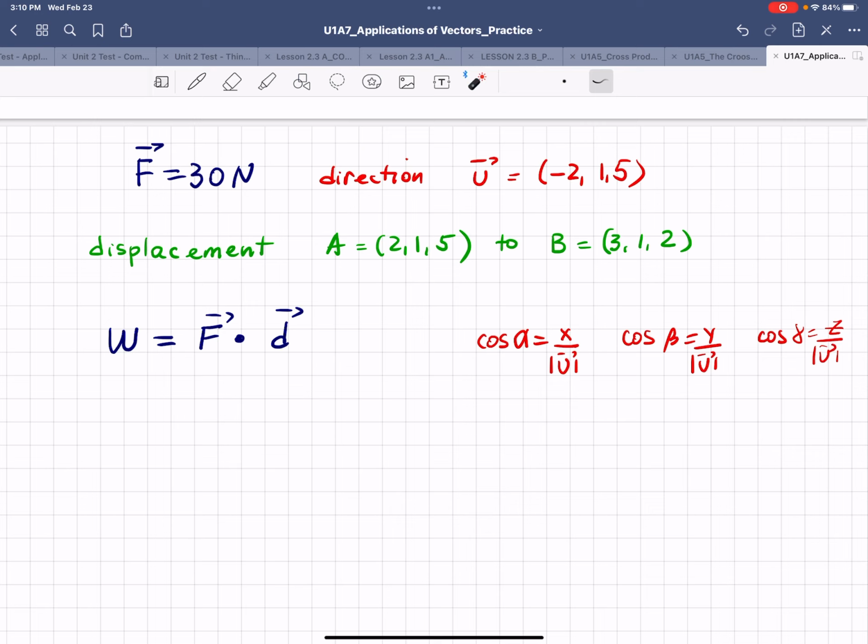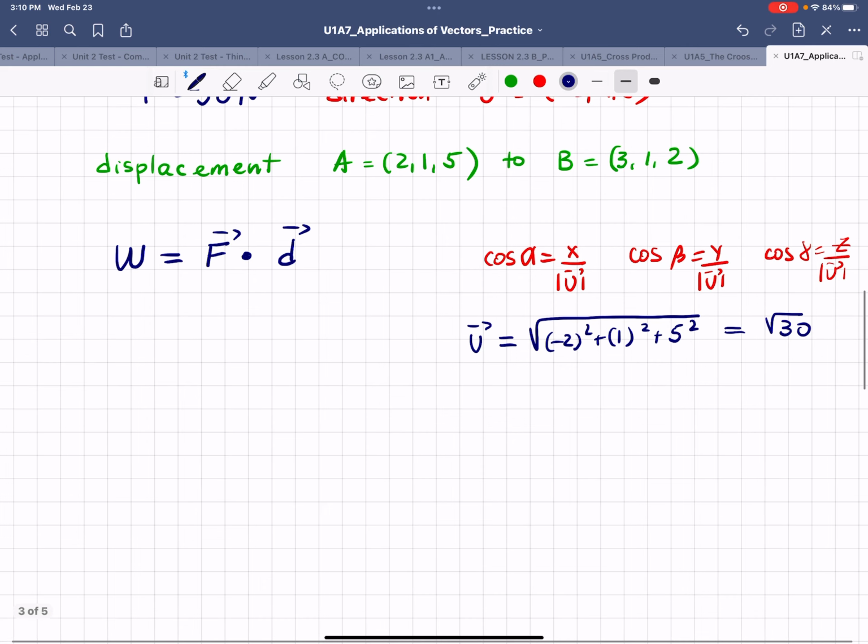So we need to get started with finding the magnitude of vector u. Vector u with coordinates -2, 1, 5 will have the magnitude equal to the square root of -2 squared plus 1 squared plus 5 squared. That equals the square root of 30.